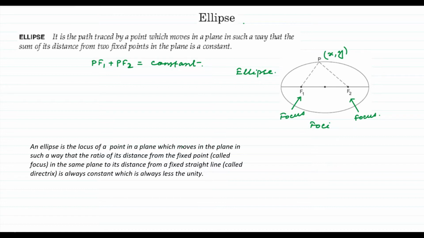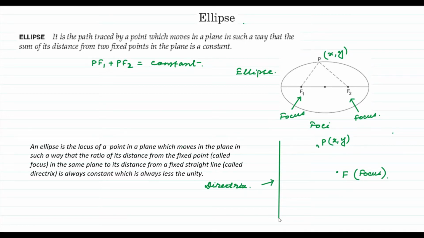So what is this? Say this is a fixed line, and the fixed line is called the directrix. If this is a fixed point, it's called the focus. Now P is any point with coordinates x, y.